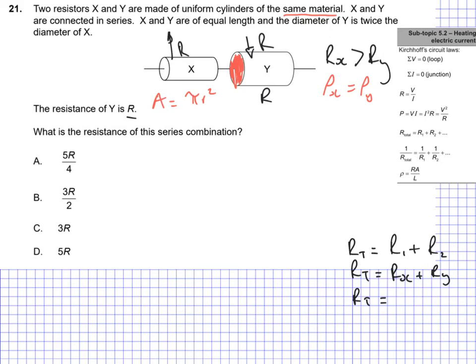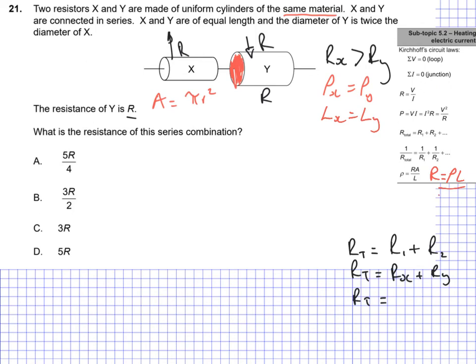And so that's starting to lead us towards our resistivity formula down here. If we rearrange that, the resistance is going to be rho L, the resistivity of the material multiplied by the length. Now the lengths of both of these are the same, so length X is equal to length Y. So the resistance is the resistivity times the length divided by the area.